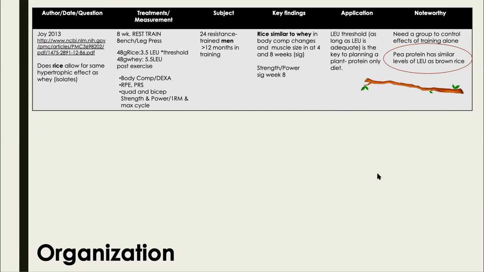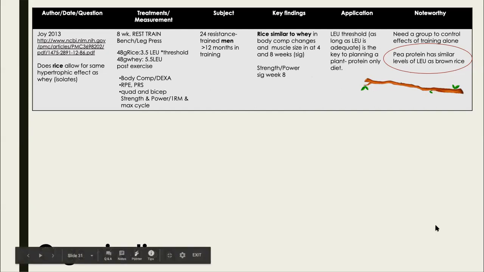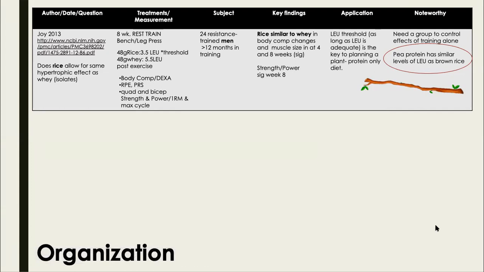So the clinical application, what they found essentially, is that the leucine threshold is the key to planning a plant protein only diet. As long as your leucine levels are adequate, the protein is equivalent to its dairy counterparts.